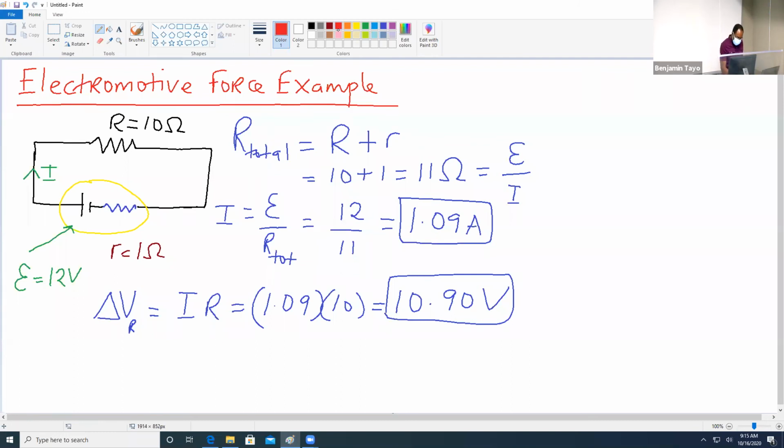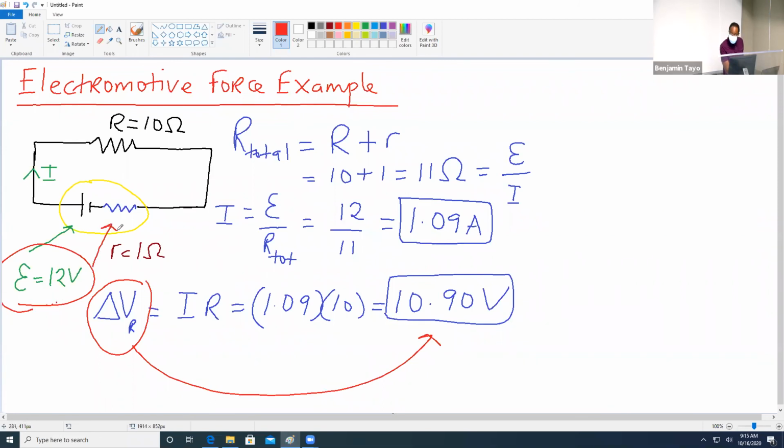Do you see that the resistor is getting only 10.9 volts? It's not getting all the 12 volts. The reason is that some amount of energy is lost in this internal resistance here.